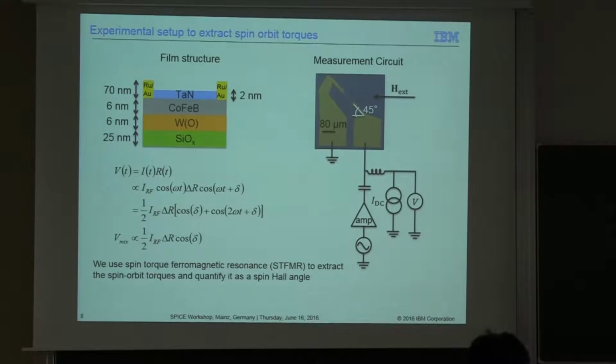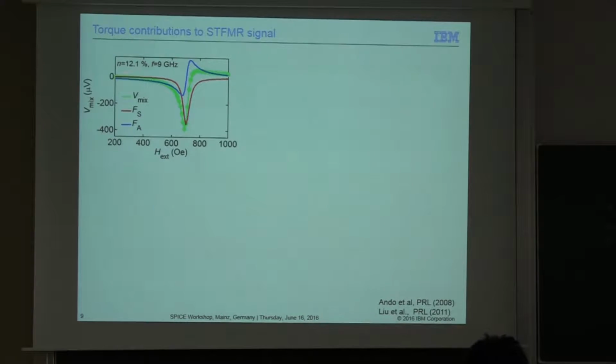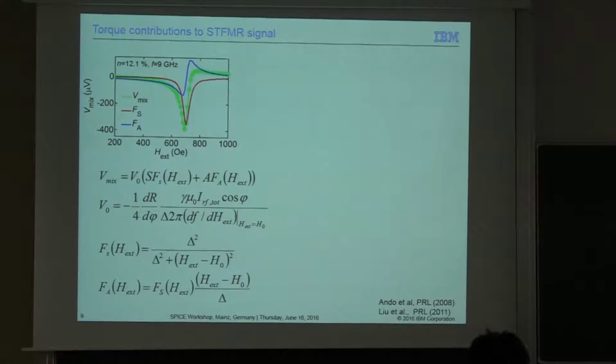By measuring this DC rectification voltage as a function of field, you're acquiring information about your magnetic sample. If you look at that data as a function of an external magnetic field, you see that it is resonant at a particular field for a given frequency. And you can fit this to models which take into account the Lorentzian line shape.